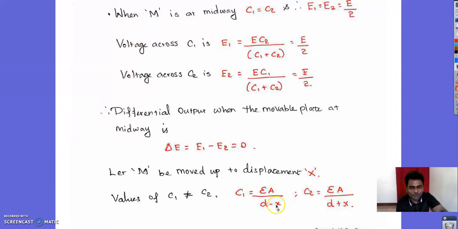That is, this x denotes that it is moved away from the mid region. As the plate moves upward, the distance from the mid region is being added here and being subtracted here.